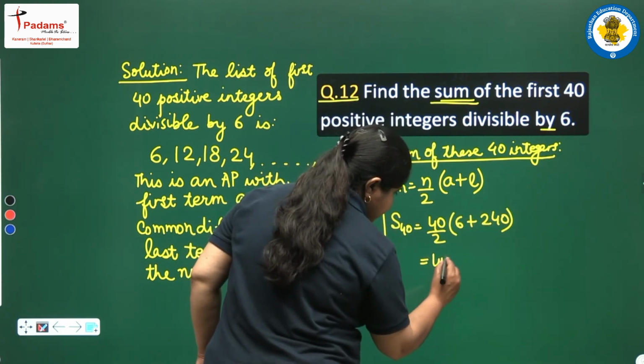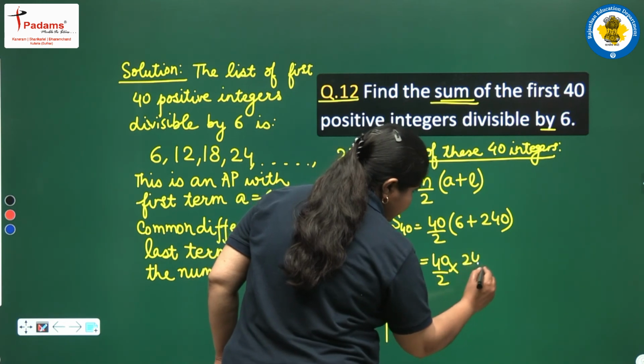This will be equal to 40 upon 2 into 246.